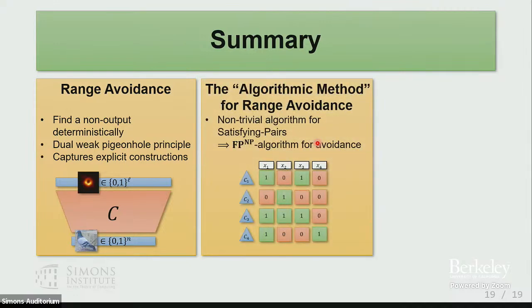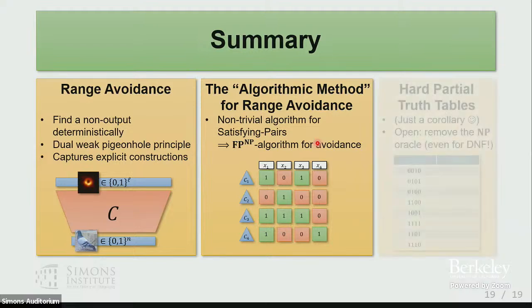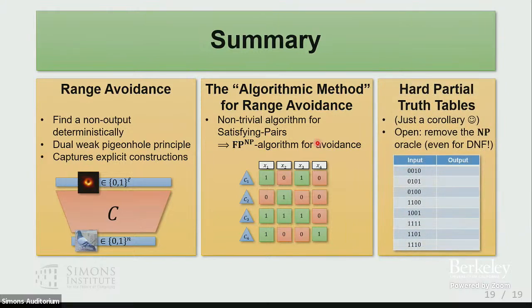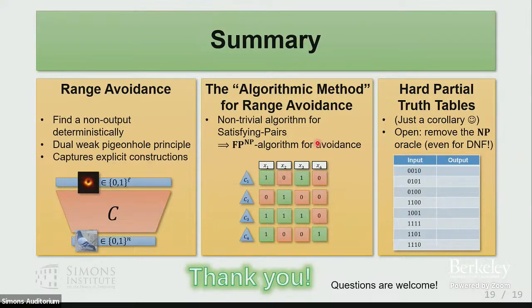To solve this problem in FP^NP, it suffices to solve something called satisfying pairs by a non-trivial algorithm. And finally, this has some application to the hard partial truth table problem. We can solve this problem with an NP oracle, but without an NP oracle, it seems to be completely open. And that's all for today. Thank you.